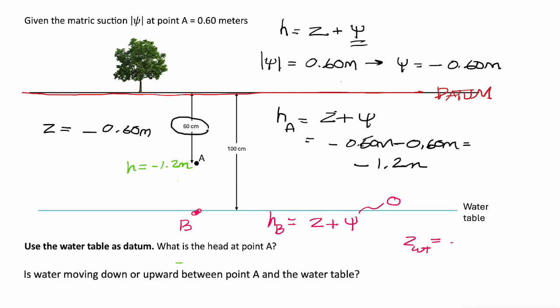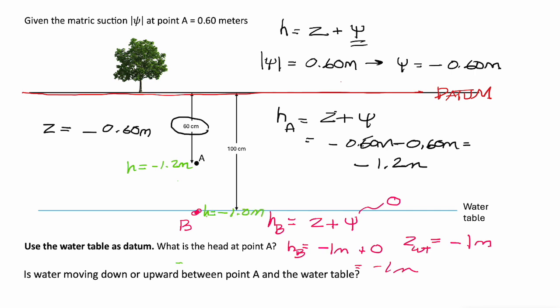So Z is equal to negative 1 meter. And so the head at B, at the water table, is equal to negative 1 meter plus 0 equals negative 1 meter. I'll write it over here. So head here equals negative 1.0 meters.